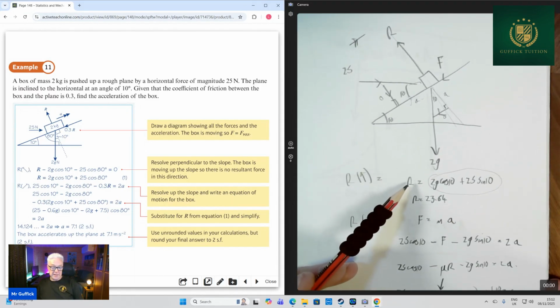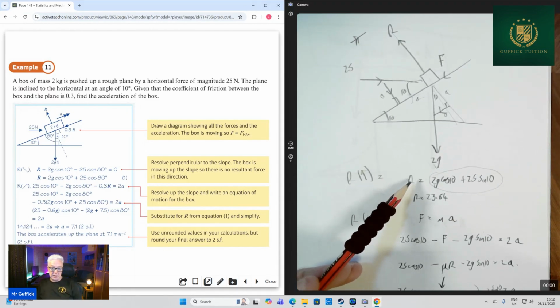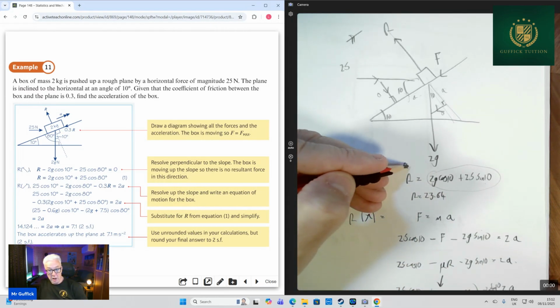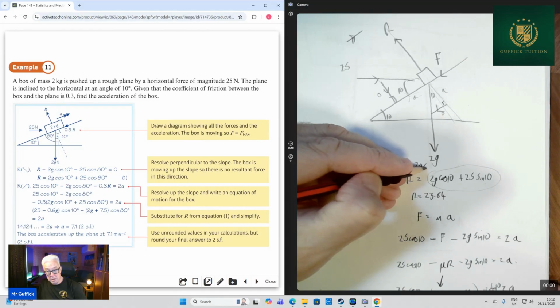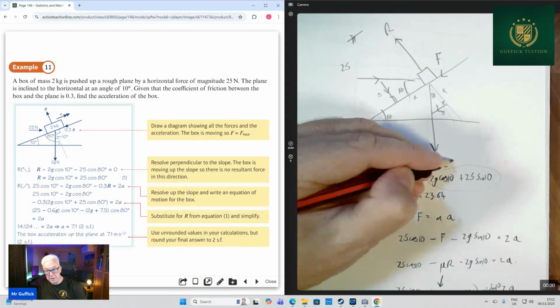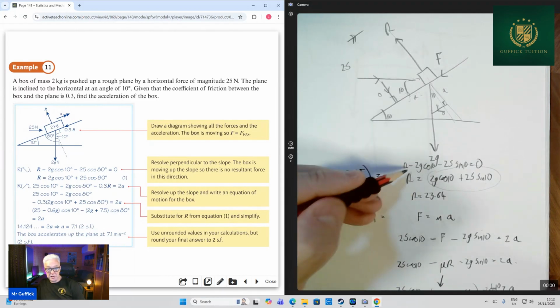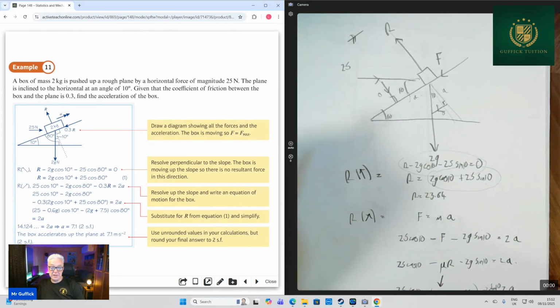So when I resolved perpendicular to the plane, I just wrote that equals that. What I could have written is R minus 2g cos 10 minus 25 sine 10 equals 0. So you set it equal to 0 when it's in equilibrium, when it's not moving.